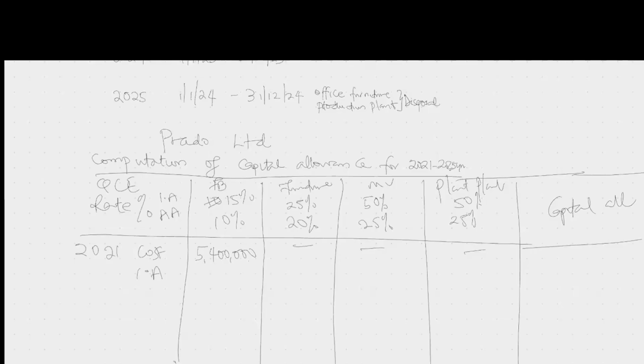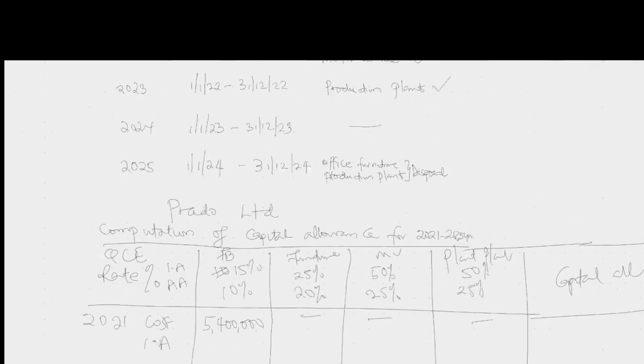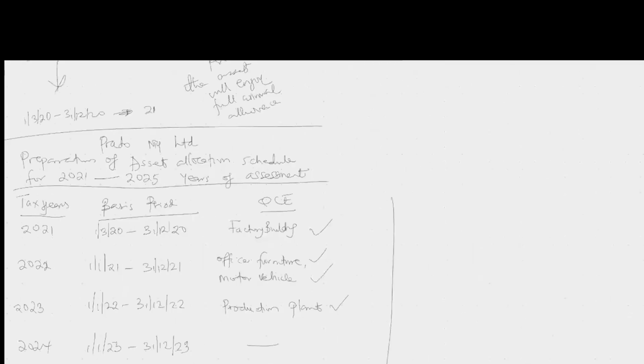I'll put my computation here. Annual allowance, factory building, cost minus residual, divided by what is the cost price? 5.4.